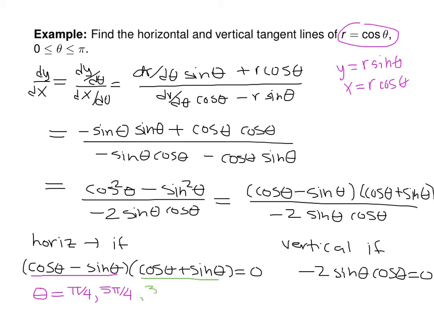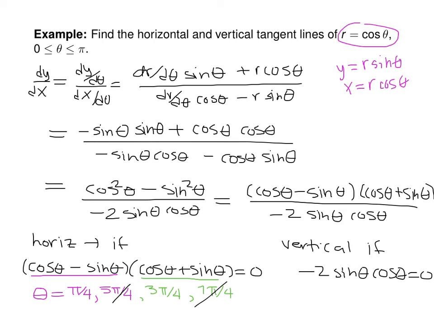And that occurs at 3 pi quarters. Oh, actually, we only care about the interval from 0 to pi, so 5 pi quarters is out of the interval. The other solution to the next one would have been 7 pi quarters, but it's out of our interval, so just pi quarters and 3 pi quarters.